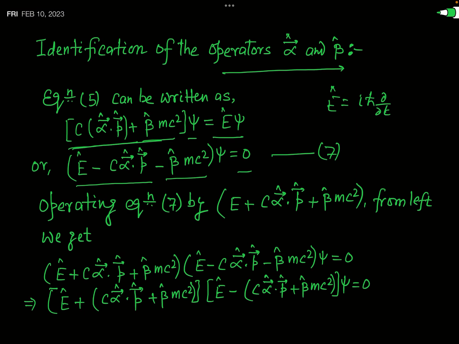Now, to get the properties of these two operators alpha hat and beta hat, you have to remember a mathematical step. In fact, we simply operate this operator E hat plus C alpha dot P plus beta MC square on equation 7 from the left.